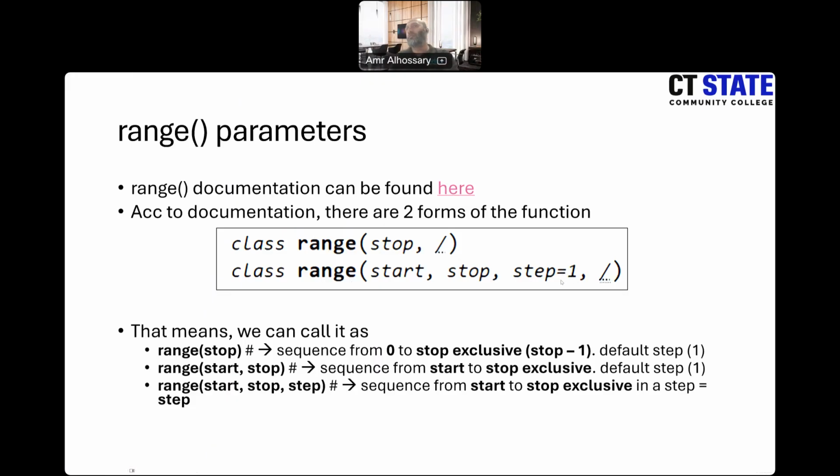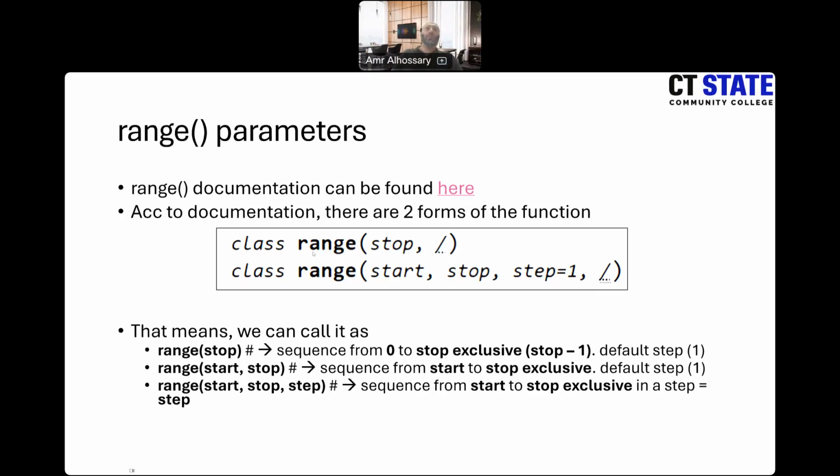If some function has a parameter with default value, then it's optional. You can give it a value or just ignore it, and the default value will be used. That means we can call the function with one parameter, or with the three parameters, with the step or without step.